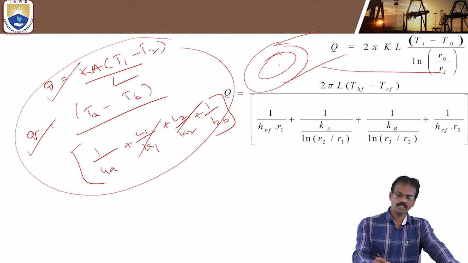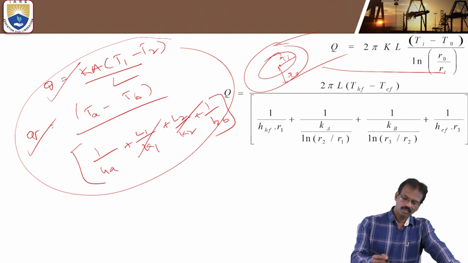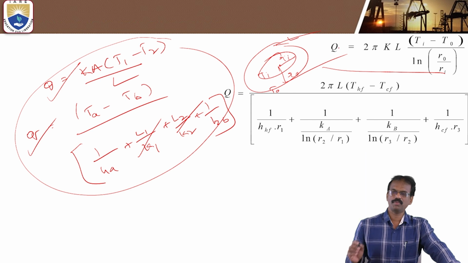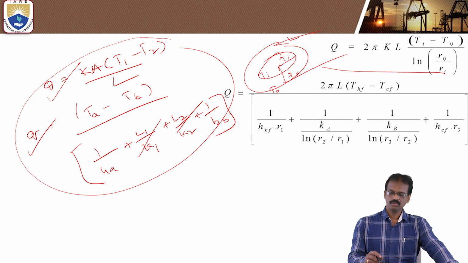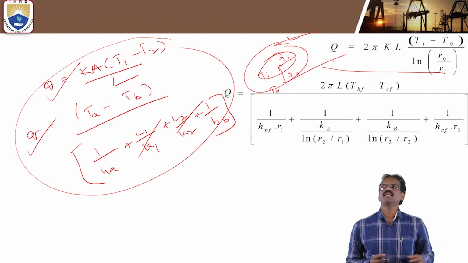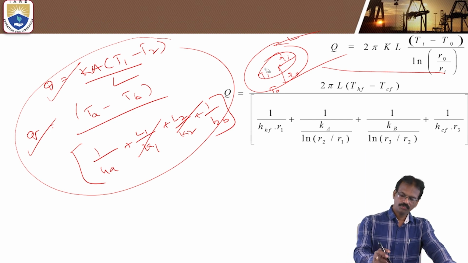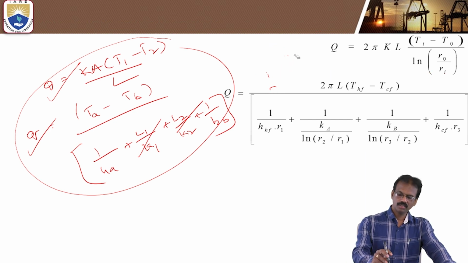The inner radius is Ra, the outer radius is R naught. The inner temperature is Ta, the outer temperature is T naught. The length of the hollow pipe is L. Then the rate of heat transfer in this type of hollow cylinder is Q is equal to 2 pi KL into (Ti minus T naught) by ln(R naught by Ri). This is the formula for the single cylinder.